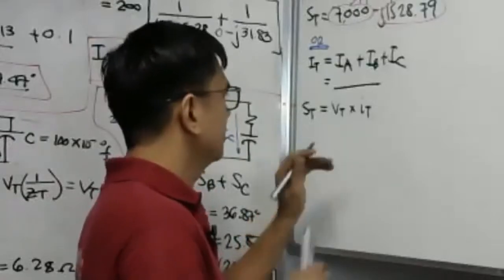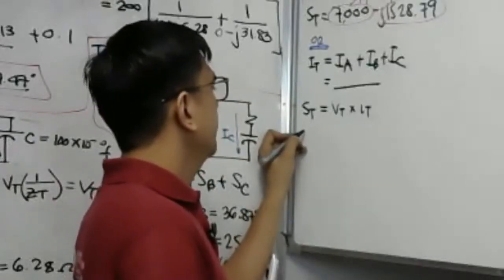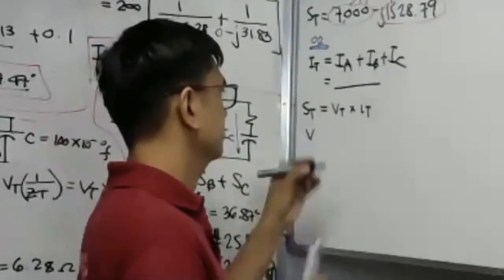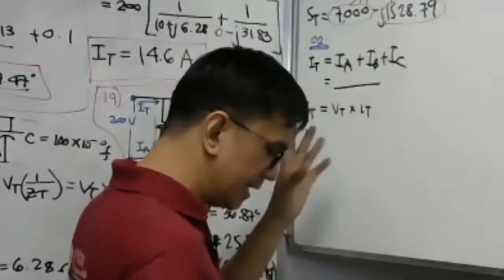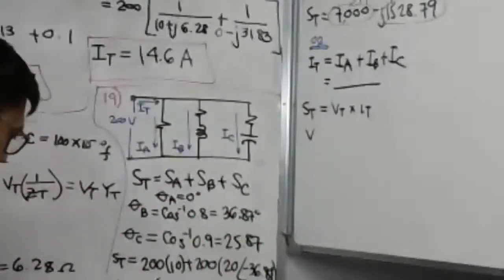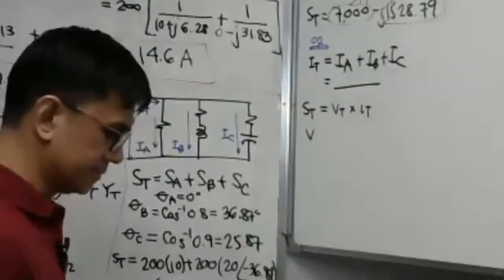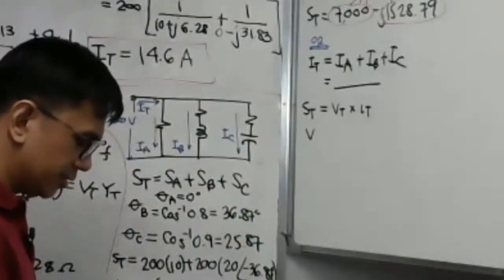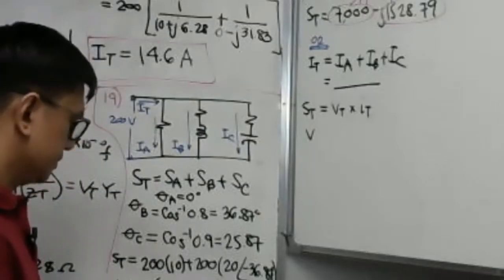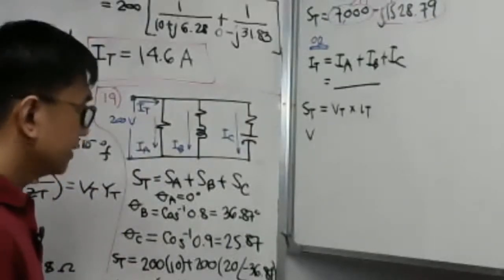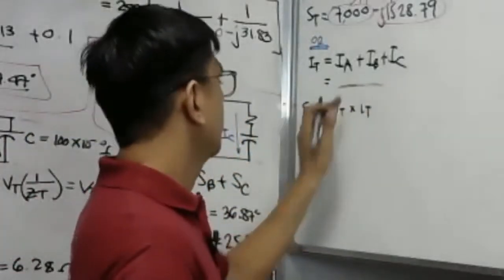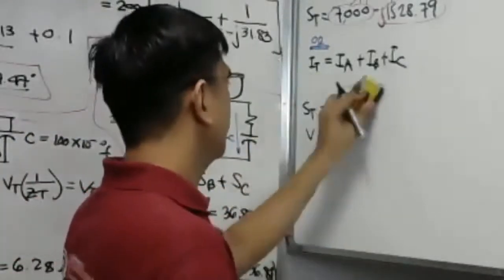For example, I have my V total. Let us use our given here. Calculator mode 2, guys. Okay, ganito ha. Solve natin yung kuryente natin.